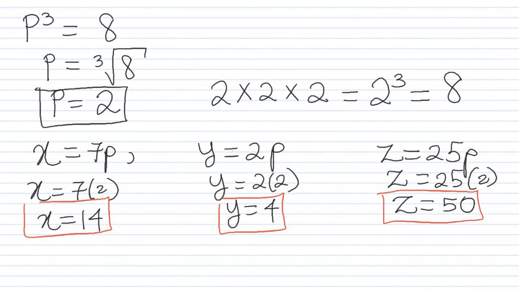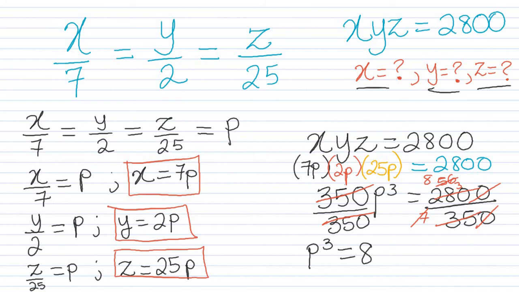So now that we've done that, we have x over 7 equals y over 2 equals z over 25. So let me write that: x over 7, y over 2, and z over 25.